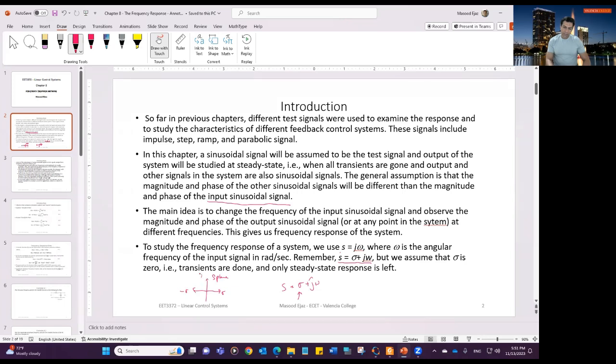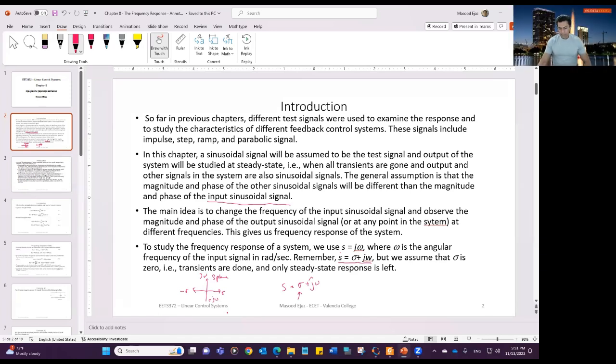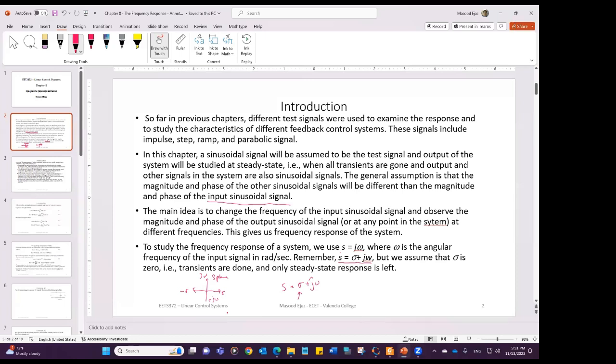J omega is the imaginary axis. Thank you. What is the effect of sigma on the output of the system? Come on, guys. It's not a trick question. It's a simple question.